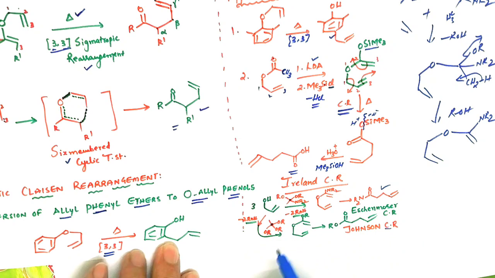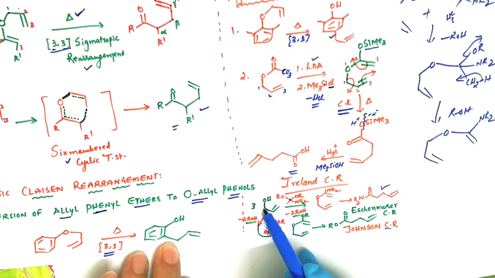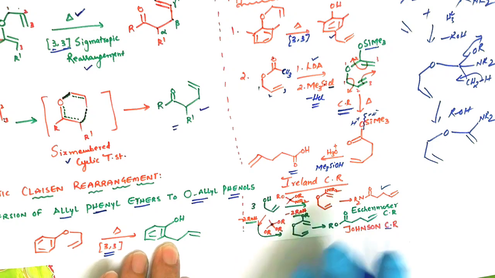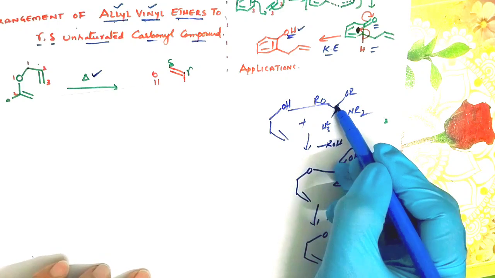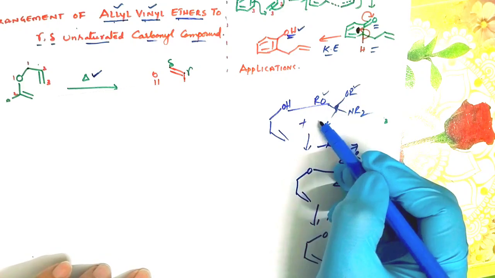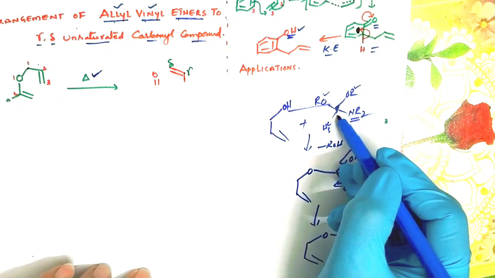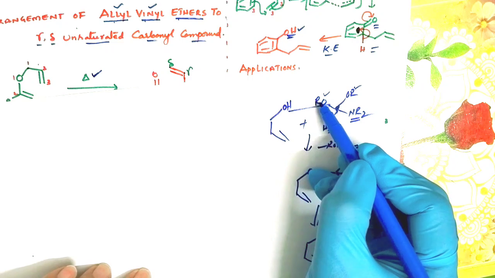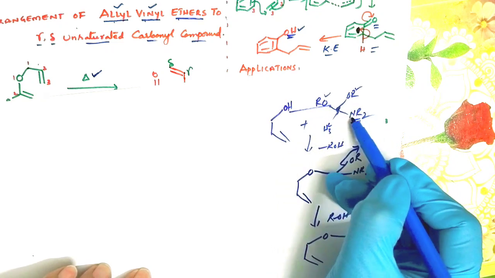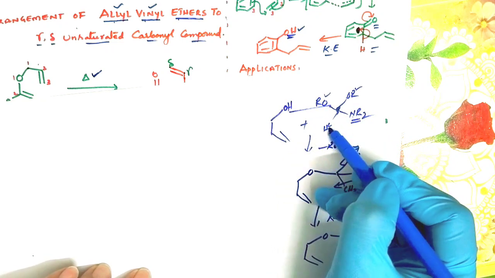Here what is happening, see this. Initially we have taken allylic alcohol, CH2 double bond CH-CH2-OH, allylic alcohol. The allylic alcohol is initially treated with this kind of moiety, a molecule in which the carbon contains 2 OR groups, 1 NR2 group and 1 CH3. R is generally a CH3 group: OCH3, OCH3, NCH3, CH3 and CH3.